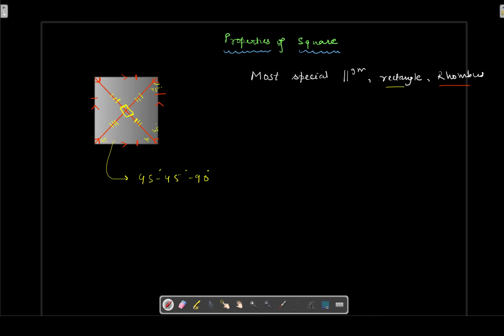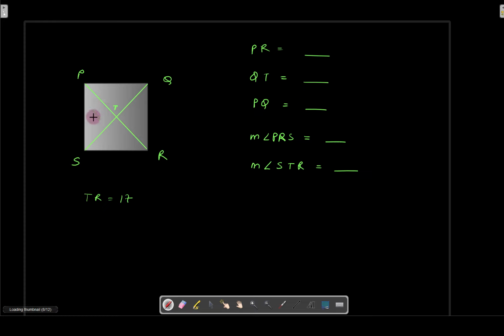Okay, now let's do some questions based on properties of squares. So here we have a square PQRS with TR equals 17. We have to find out PR, and all of these lengths and angles. So first is PR. PR is the diagonal, and we know that the diagonals bisect each other.